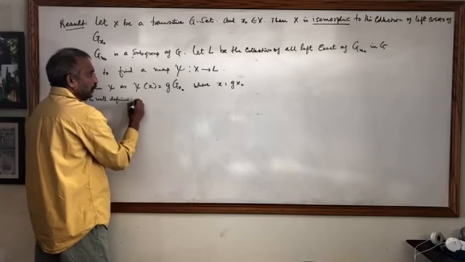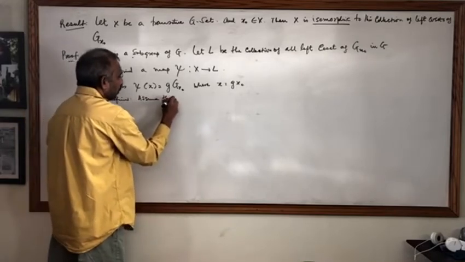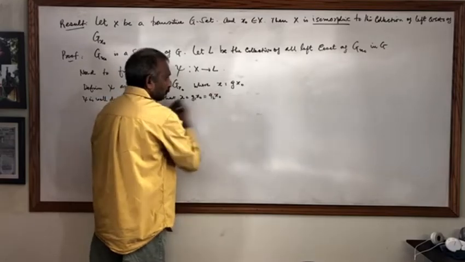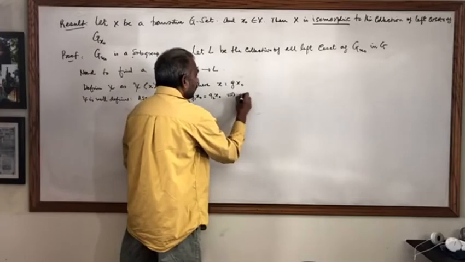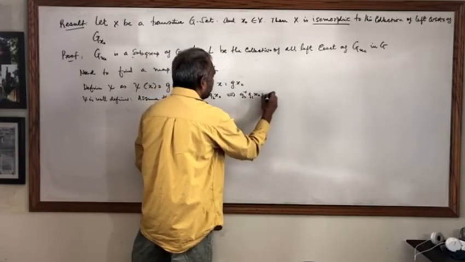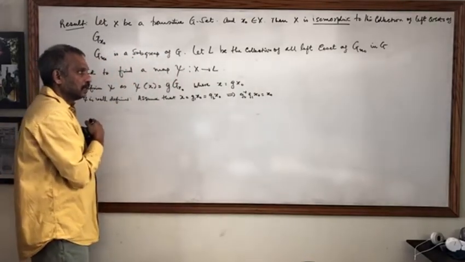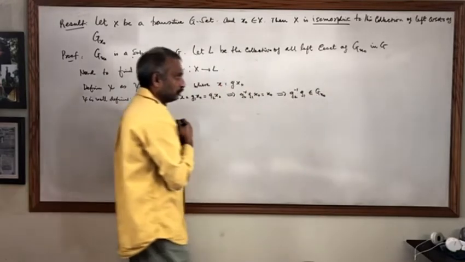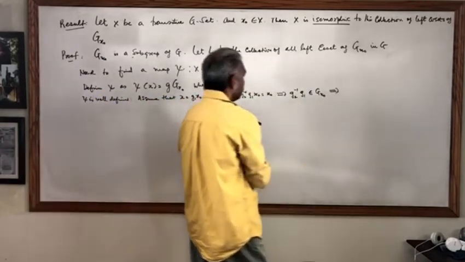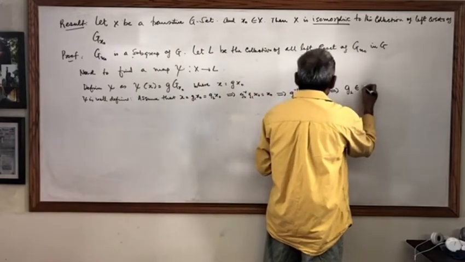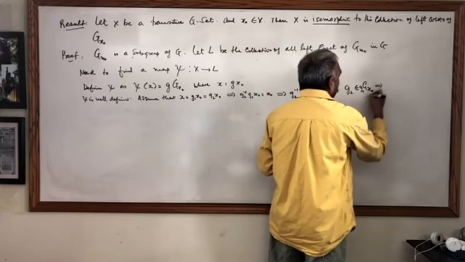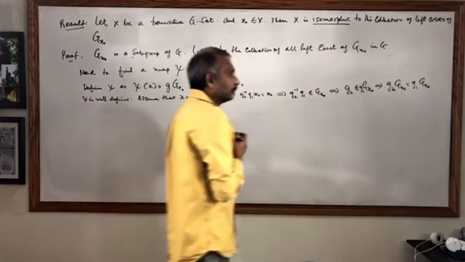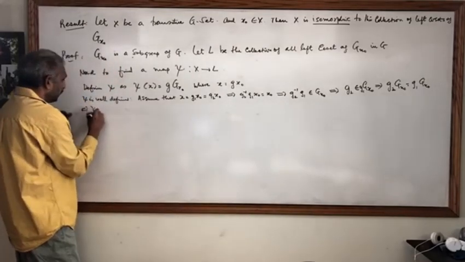So we assume x is equal to g1x0, that is equal to g2x0, and that implies g2 inverse g1 x0 is equal to x0, and that implies g2 inverse g1 belongs to Gx0, and that implies g2 belongs to g1 Gx0, and that implies g2 Gx0 is equal to g1 Gx0. So that implies psi is well defined.